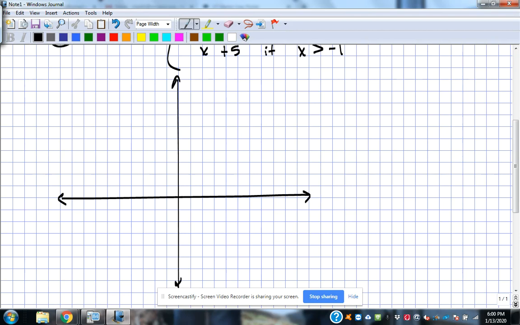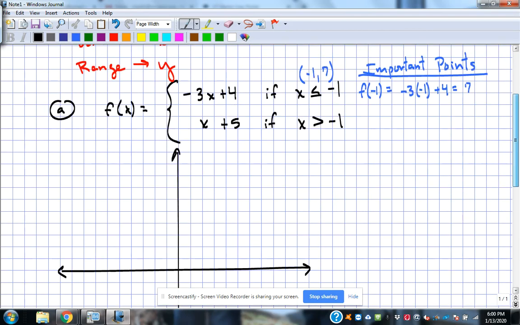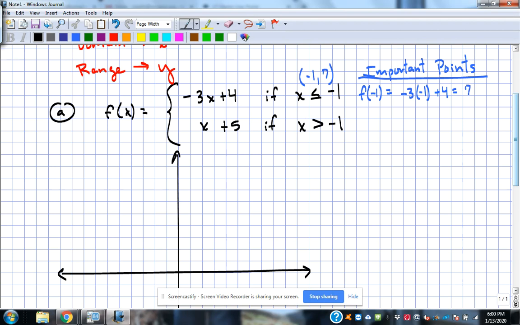And I'm going to go to that important point, negative 1, 7: negative 1, then 1, 2, 3, 4, 5, 6, 7. I'm going to put a filled-in dot. The reason I'm going to put a filled-in dot is because it has an equal to mark on the inequality, x is less than or equal to negative 1. That means that that point counts. So I put the filled-in dot here.